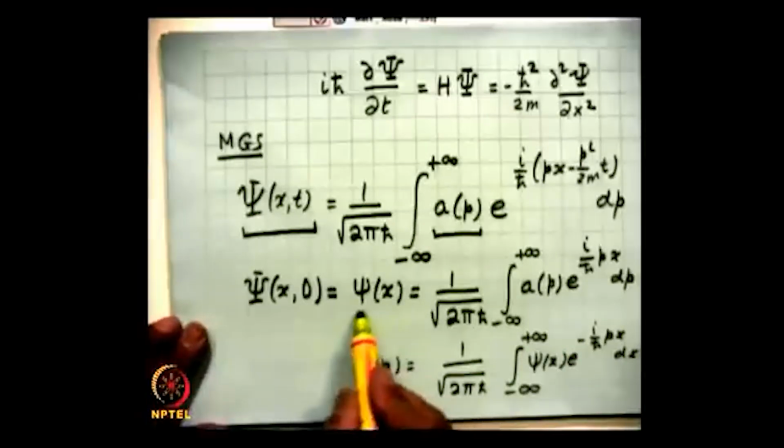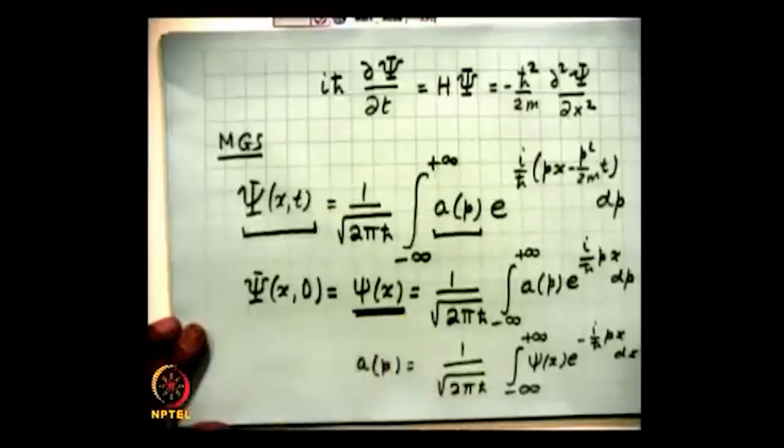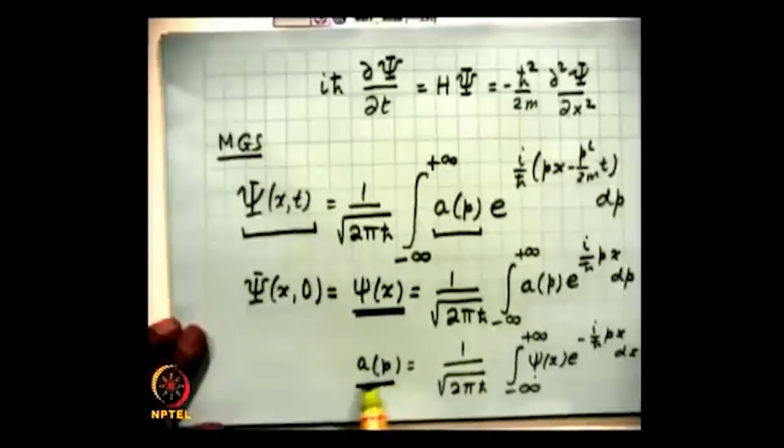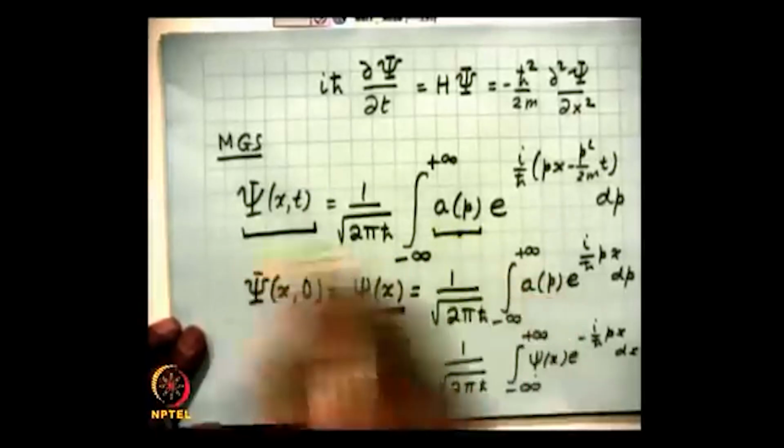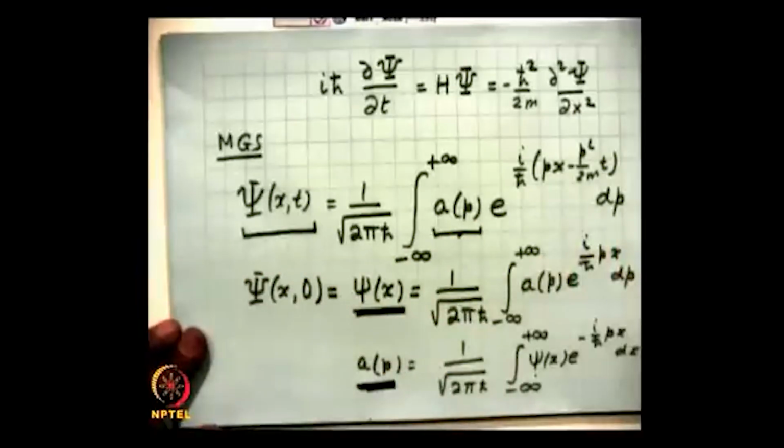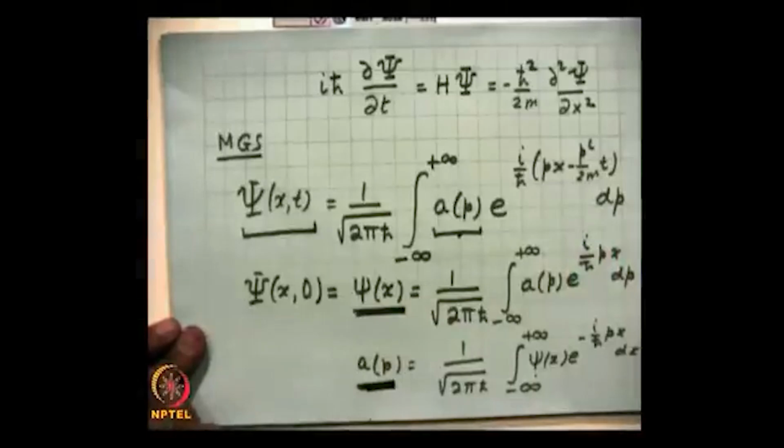So, you tell me the wave function at time t equal to 0, then using that I will find out A of p. Once I have found out A of p, I will substitute it here and calculate psi of x comma t. This is how. So, what is psi of x comma t? It describes the electron or the proton or the neutron, and how it evolves with time.